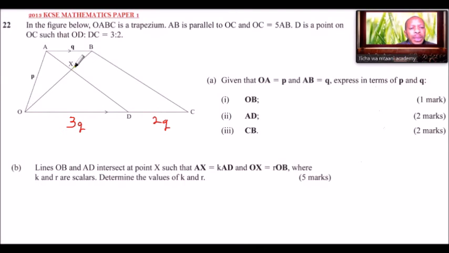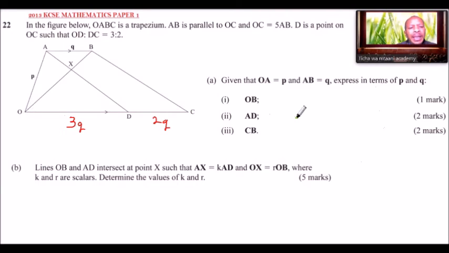We can follow OA and AB. Looking at the two ways, to move from O to A and then A to B is shorter compared to the other one. That will enable us to express it in terms of P and Q, because vector OA is labeled P and AB is labeled Q. So that is how you argue about that.